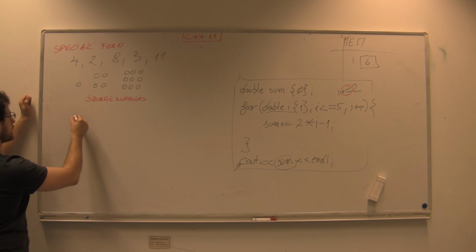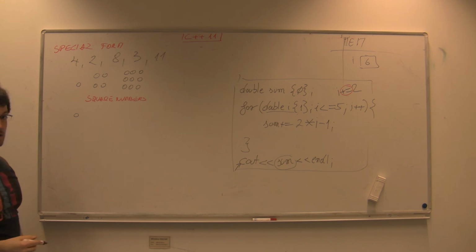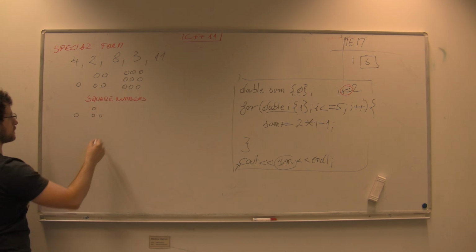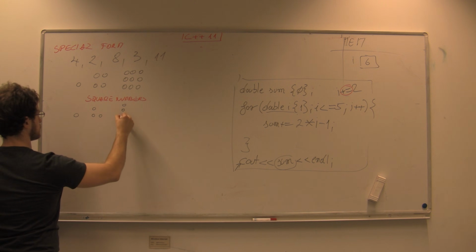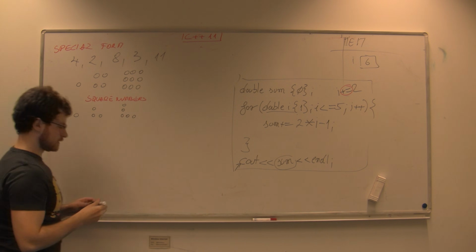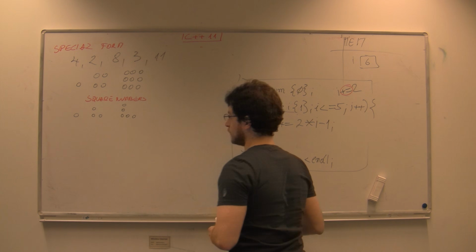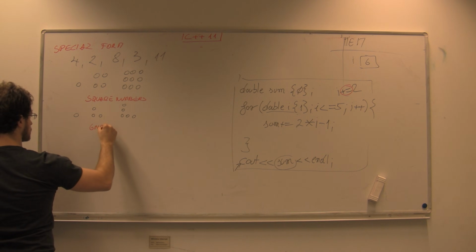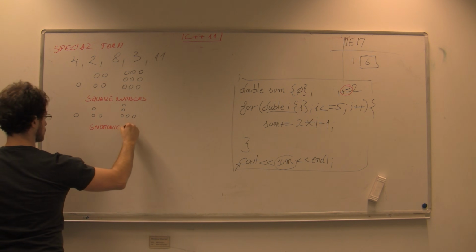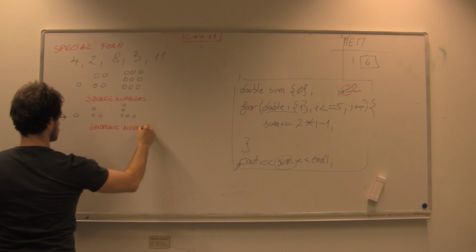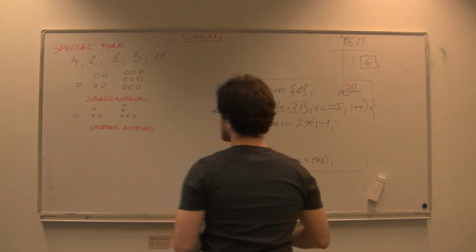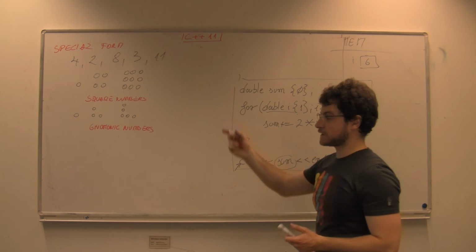For example, we can use numbers that have this shape. And they are called gnomon numbers. The interesting thing about these numbers is that they appear in square numbers.